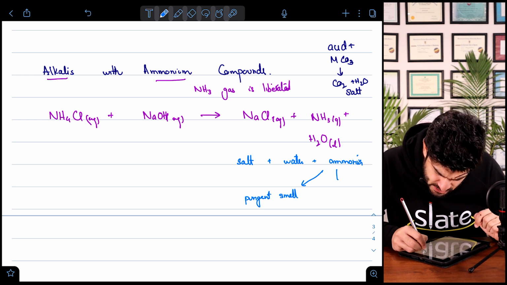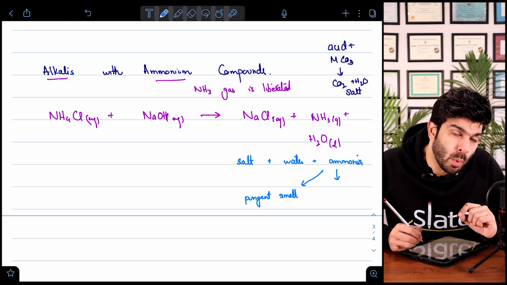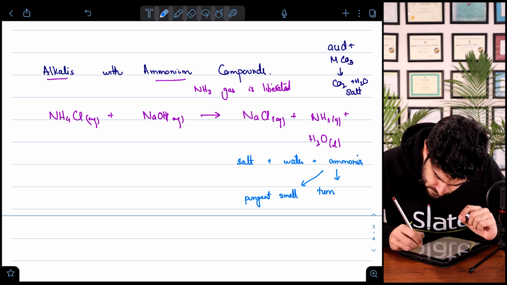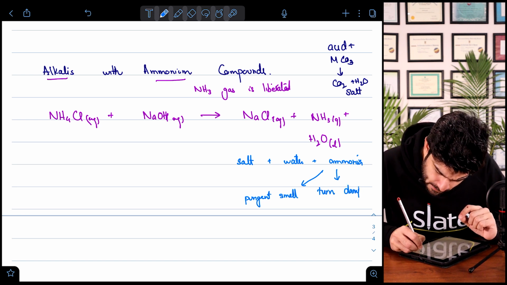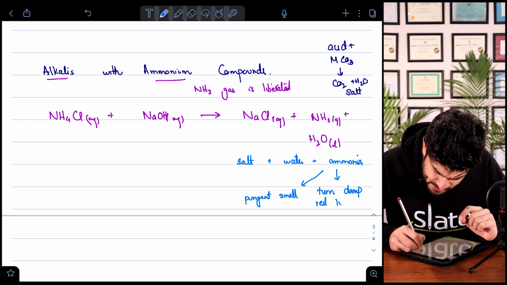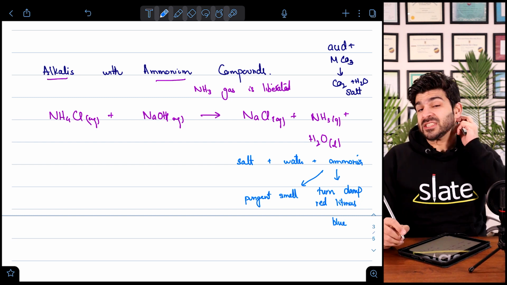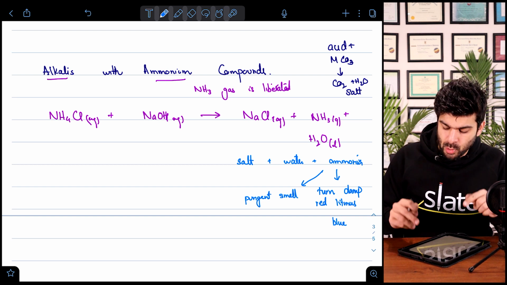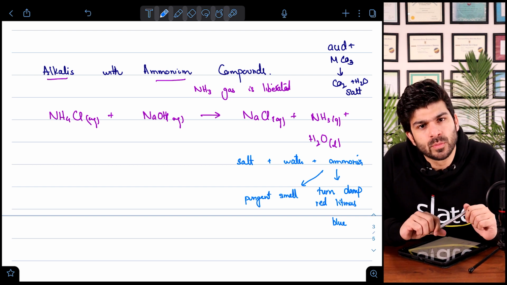But the important one is, since it's an alkali, what will it do? It will turn damp red litmus blue, as that's the property of alkalis and bases, that they turn red litmus blue. So that's what ammonia is going to do.